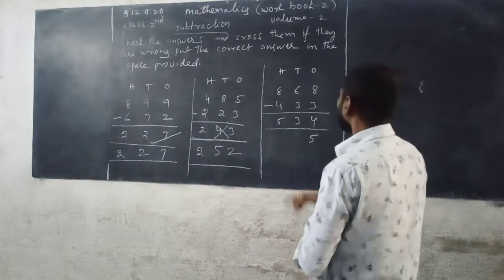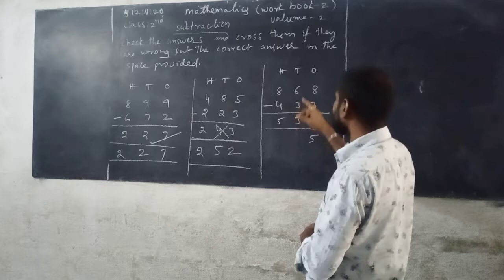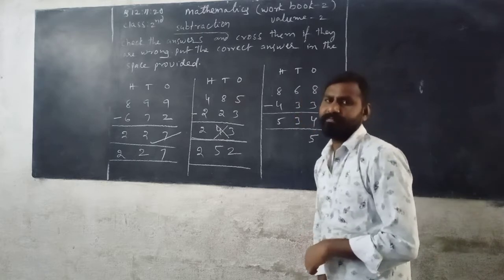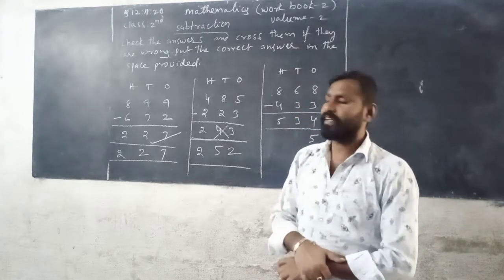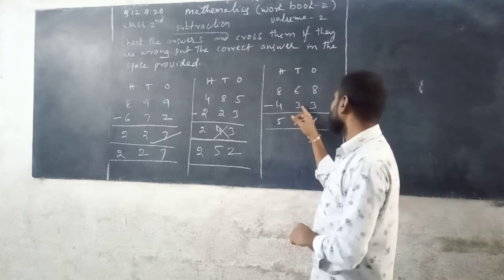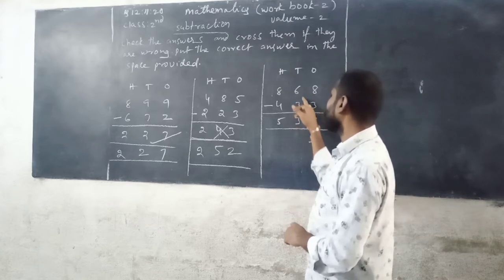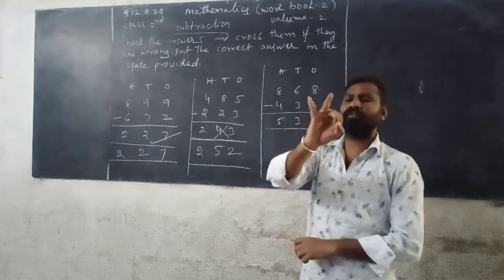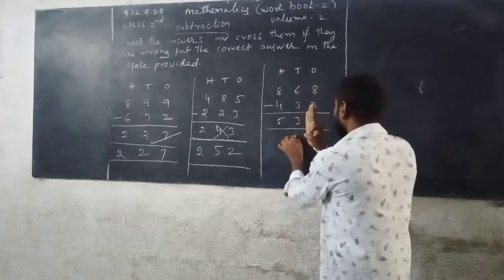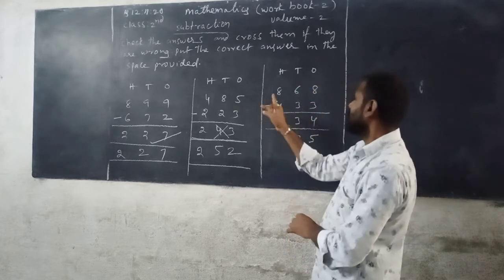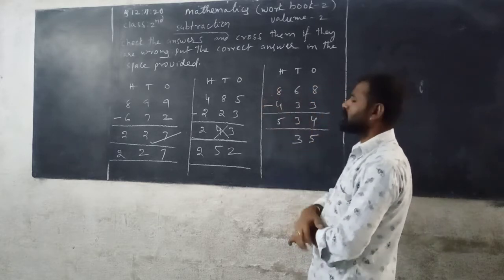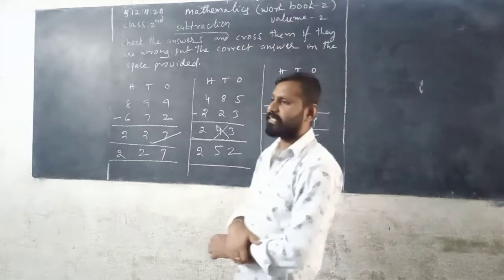Now next, we subtract the digits in tens place. That is 6 minus 3, you can get 3. You can count 3 after to reach 6: 3 after 4, 5, 6. So you can write 3 here. Now subtract the digits in hundreds place. That is 8 minus 4.